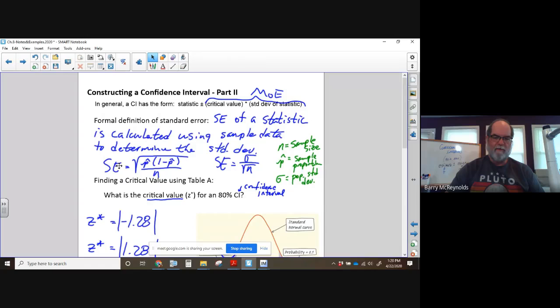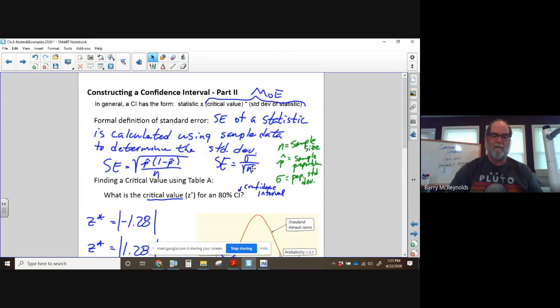Standard error is here, and the sample size is in the denominator. To make this number smaller, to reduce the variability in our sample, we want to increase this value. So to reduce variability, we always want to increase sample size.